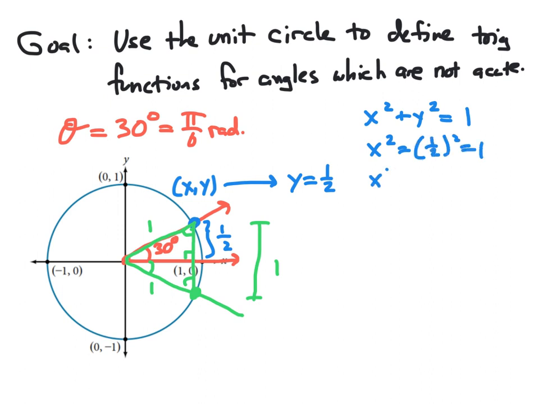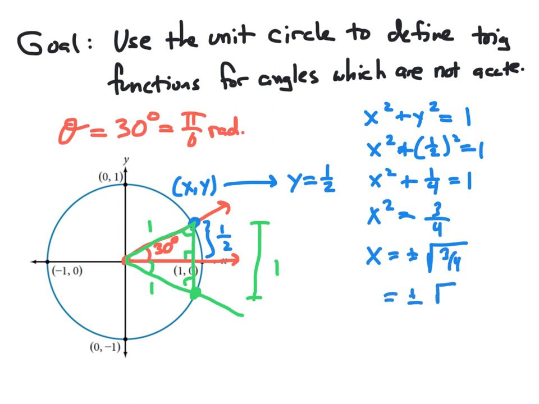So x squared plus 1/4 is going to equal 1. We subtract 1/4. So x squared is going to equal 3/4. So x is going to equal plus or minus the square root of 3/4, which is square root of 3 over 2.